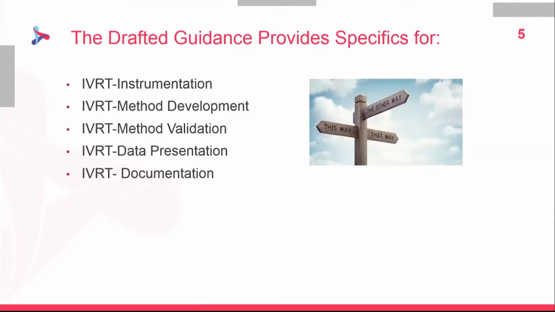IVRT method development: how to develop a suitable methodology, what to include in the MD report, and what needs to be submitted to regulatory agencies. IVRT method validation: which key parameters have to be validated. How to design and execute the pivotal study. IVRT documentation required. Recently, standardized formats are available for what data and how it has to be submitted.